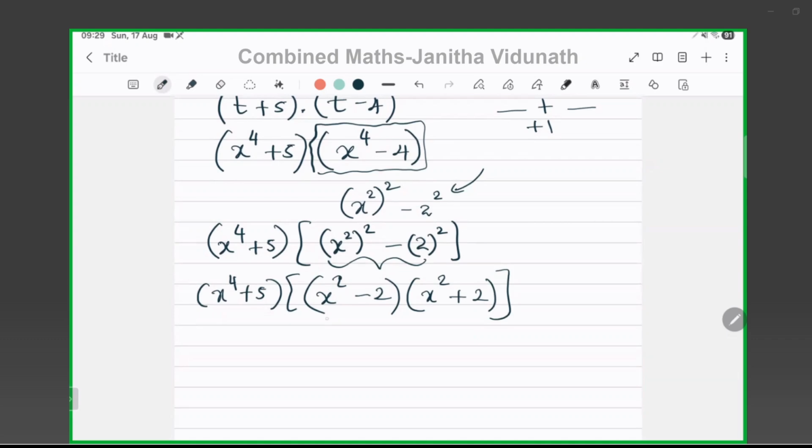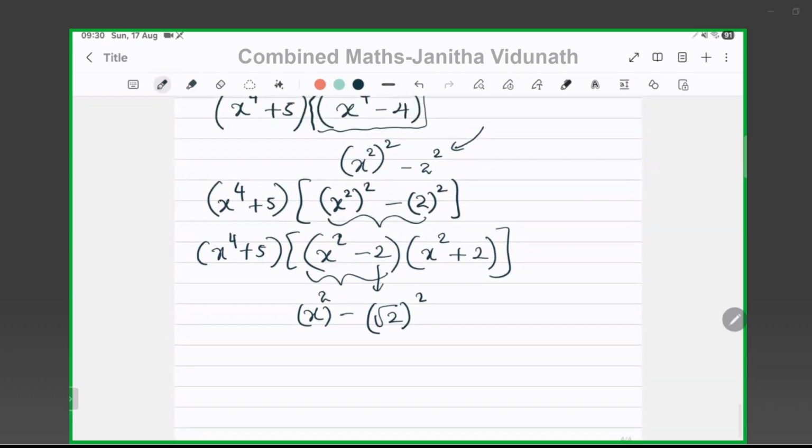Now here we can rewrite 2 as root 2 whole square. Then this bracket again makes a difference of two squares.